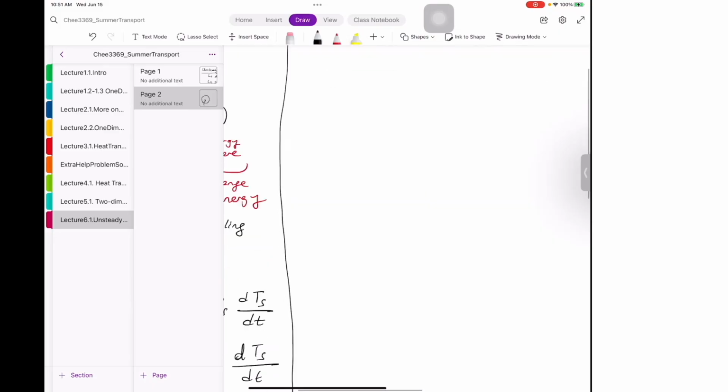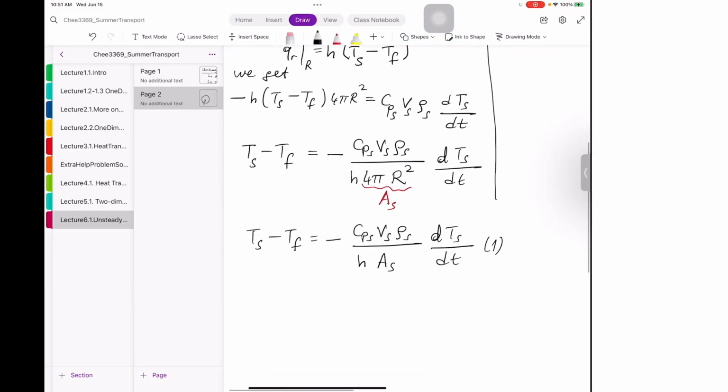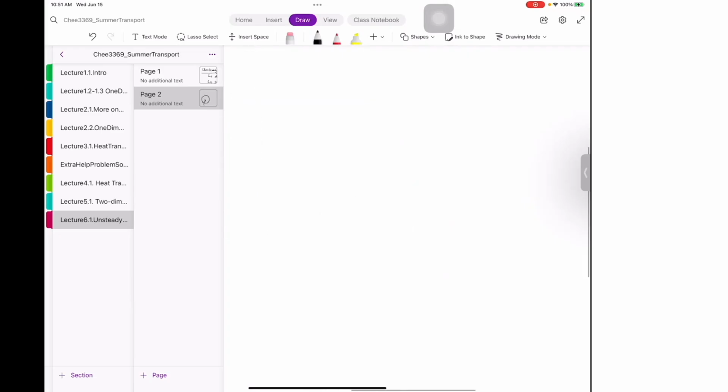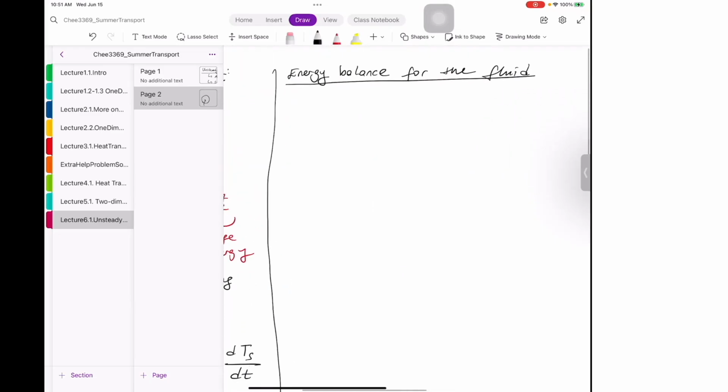Now, why do I need another energy balance? Here's the thing. If you have a look at the equation that we derived, the unknown is not only the solid temperature, but also the fluid temperature. So you need to have another equation for the fluid temperature, right? So you should use the same arguments, the energy balance for the fluid. In minus out plus generation is equal to accumulation, right? And there's nothing going out, but there's something coming in, because the solid is hotter than the fluid.